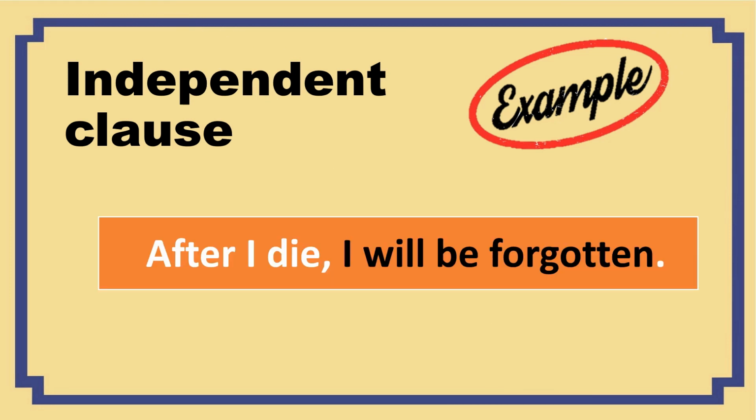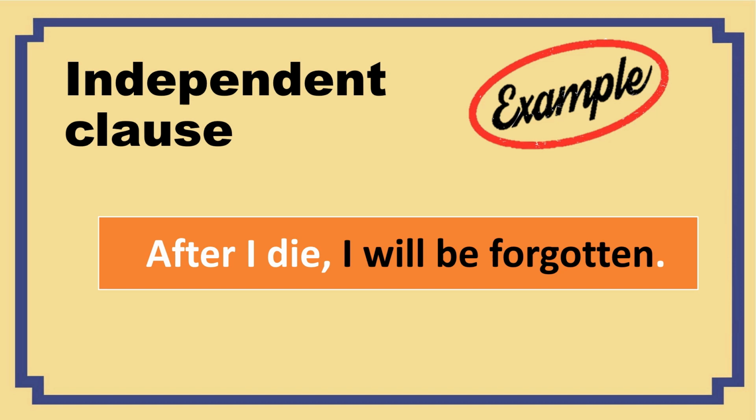Let's take, for instance, this sentence. After I die, I will be forgotten. You may notice that this sentence is divided into two. The first part is after I die, and the second part is I will be forgotten.